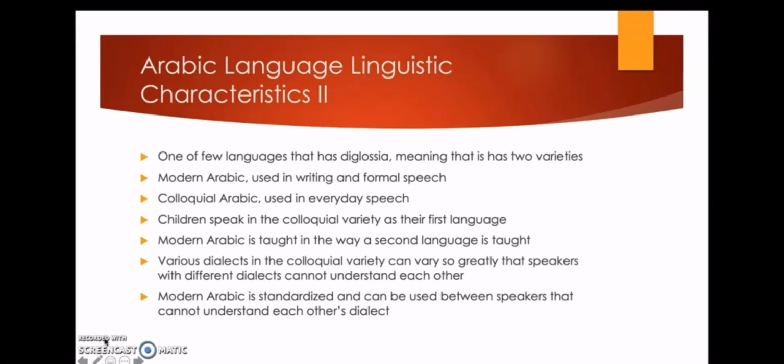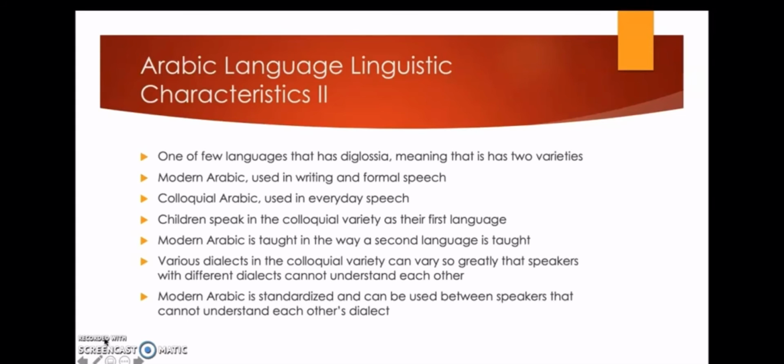The second variety is referred to as colloquial Arabic, which is their everyday speech. The children speak colloquial Arabic as their first language, whereas modern or standard Arabic is taught almost as a second language. Colloquial Arabic has various forms or dialects.